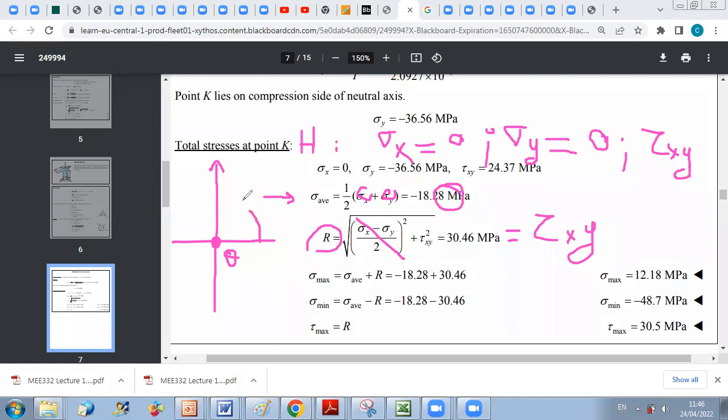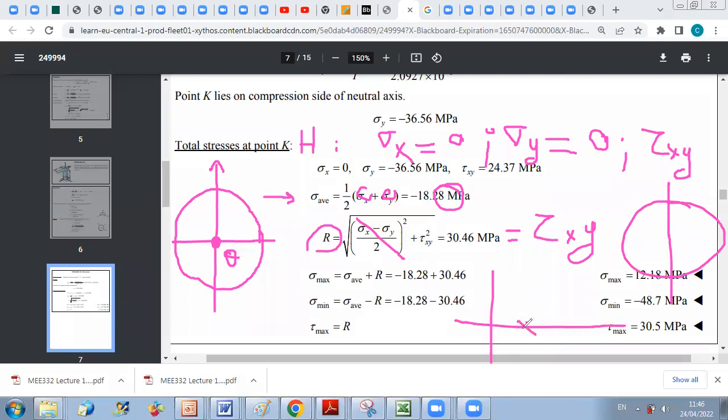And this is a very particular case because in general, whenever we have the maximum shear stresses, they don't have to have sigma x and sigma y equal to 0. Because if you remember in the course material, we have seen in general that we can have a circle, let's say, this is an example.